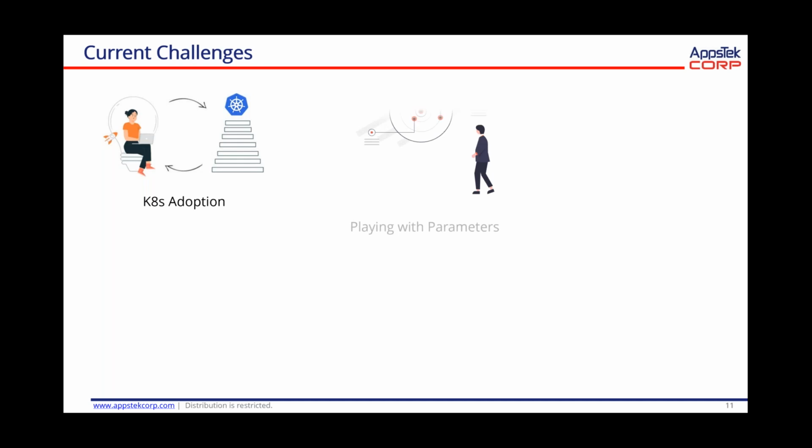And when it comes to playing with the parameters to be able to figure out the optimal resources, it's humongous. Let's say you want to tweak just the CPU value, or you want to tweak a memory value, or should you tweak both? That's just one example I'm giving. There are many other things involved when it comes to your ecosystem, right?